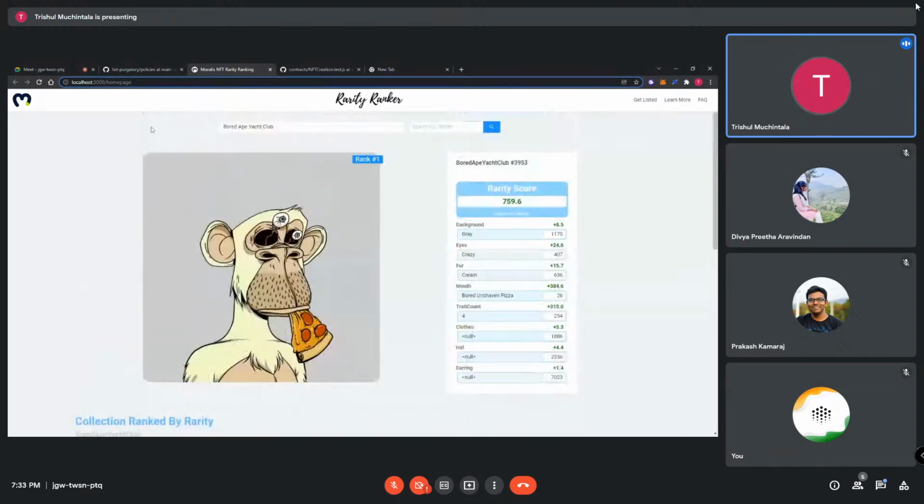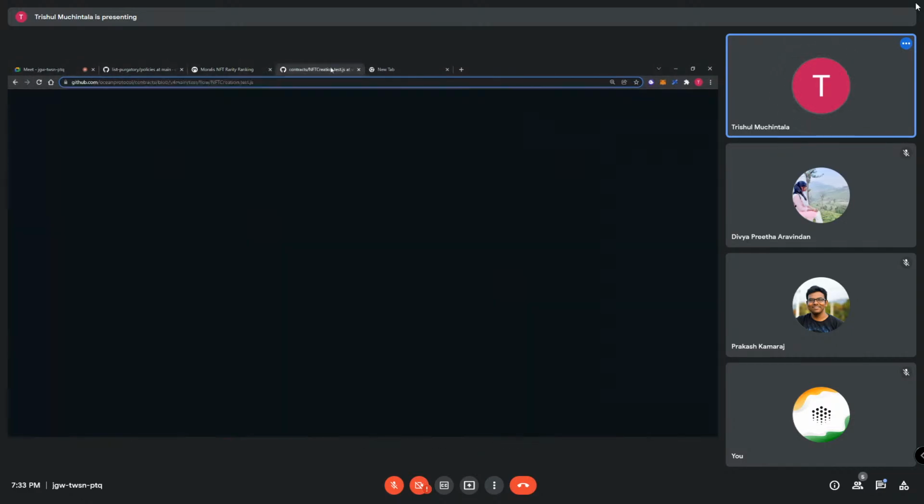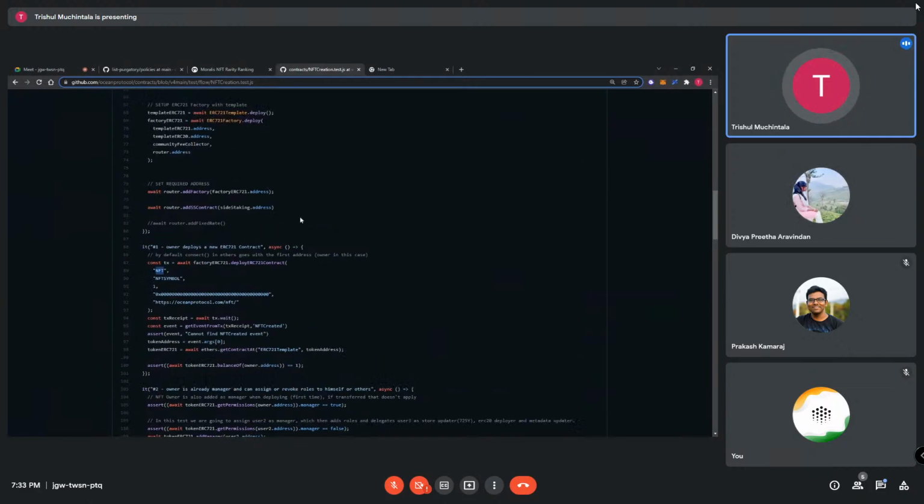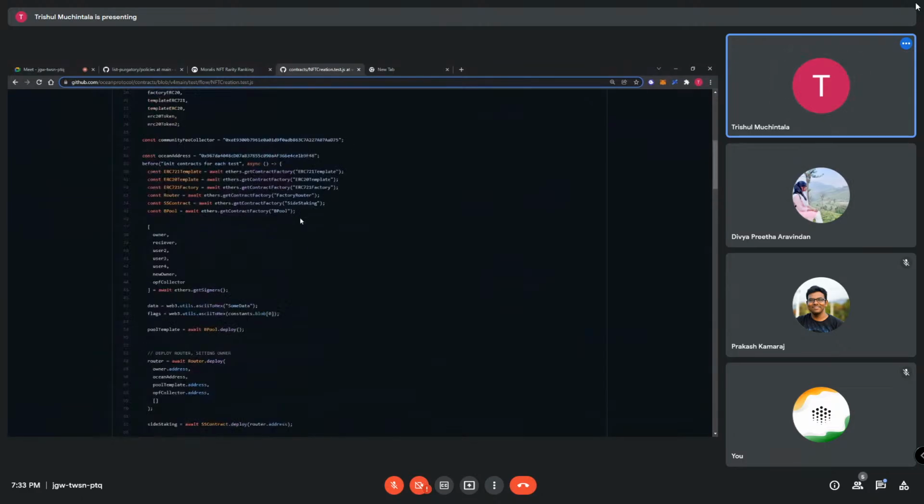So what this does is, every single contract, when you try to publish an NFT collection, you'll have to fill out certain attributes. When you deploy an ERC 721 contract, this is the name. As we saw in the template earlier, name, NFT symbol.